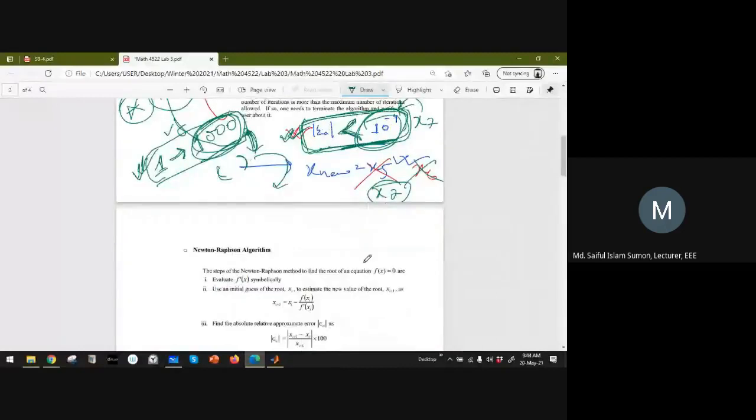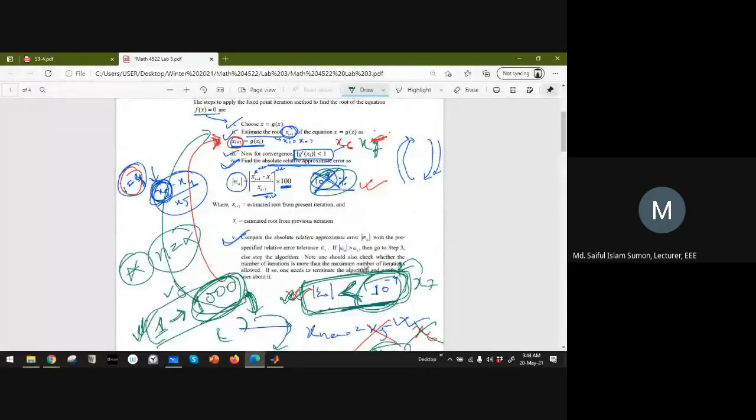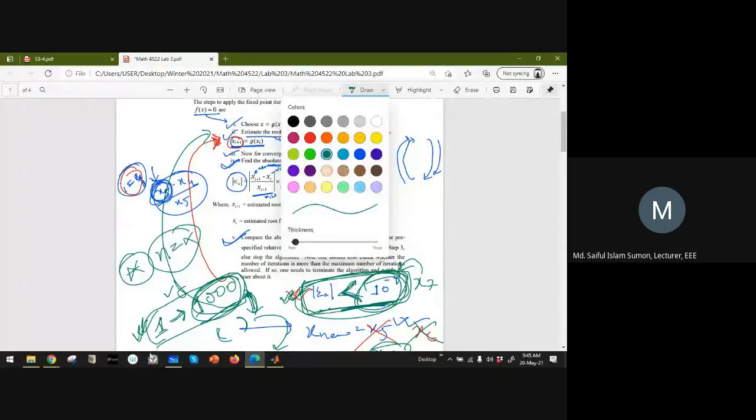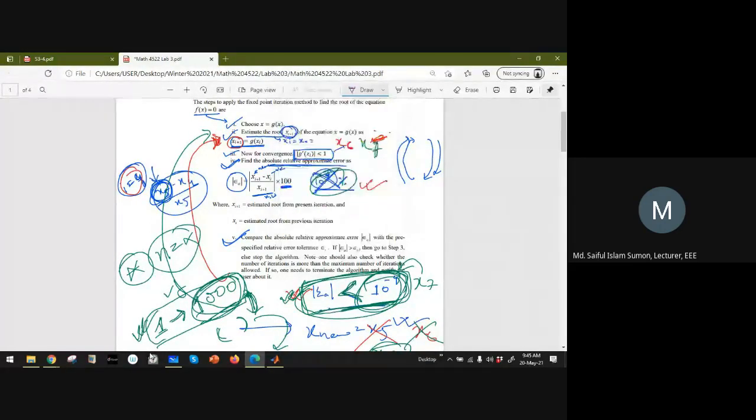Okay, listen. Now, if this error is not mentioned, we can just use specifically up to these two portions, these few steps. Up to finding x new, that's okay if my iteration number is mentioned.